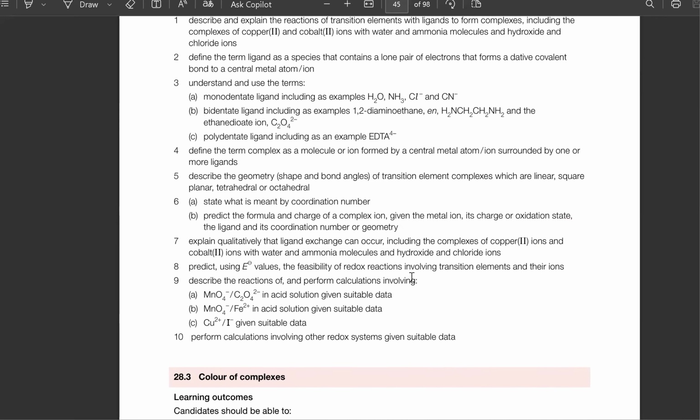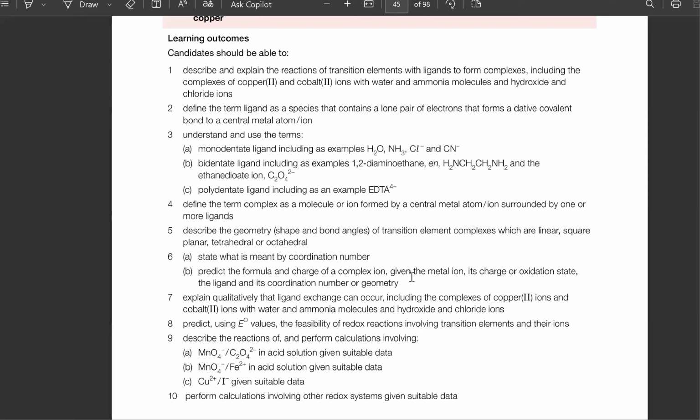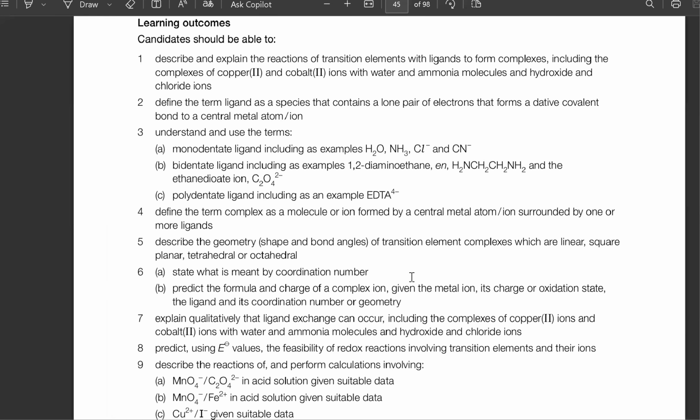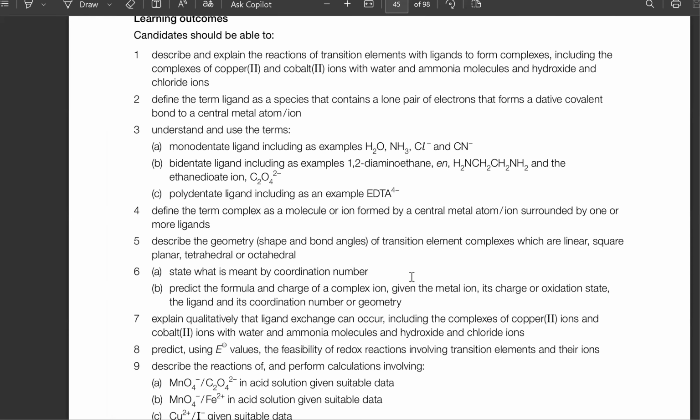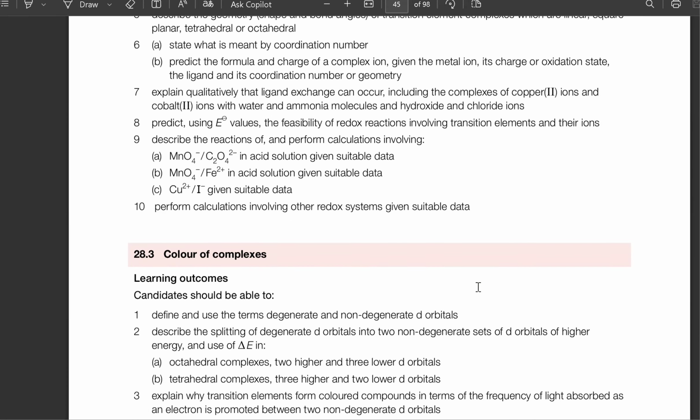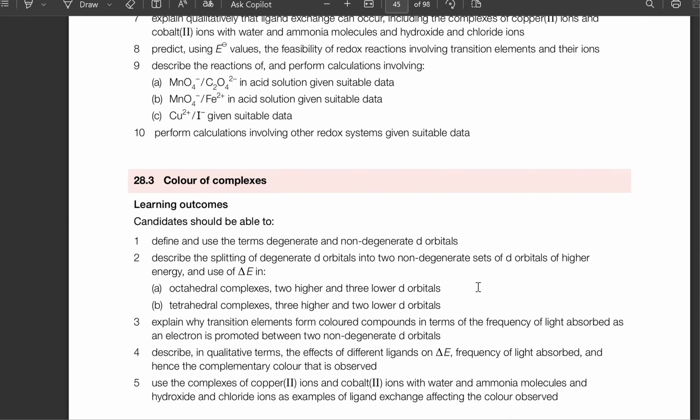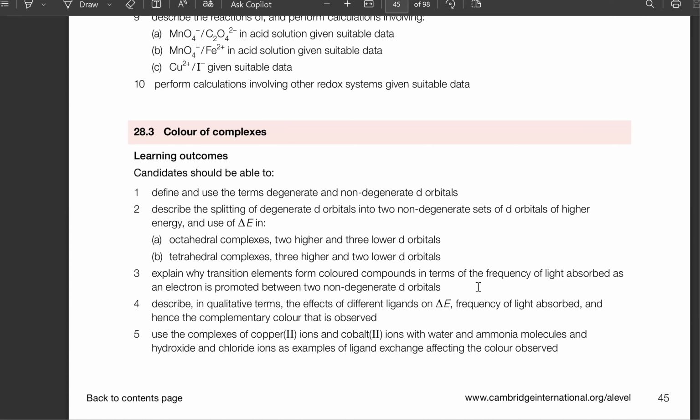We were doing all of this. We did the monodentate complexes, and in this we did water, NH3, Cl, not Cl minus one yet. वो हम कर लेते हैं. We've done copper 2 and cobalt, right?